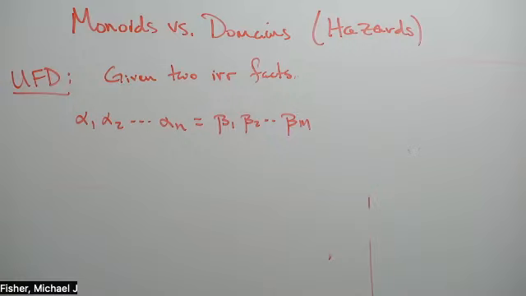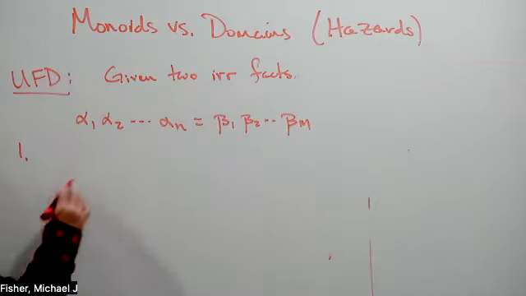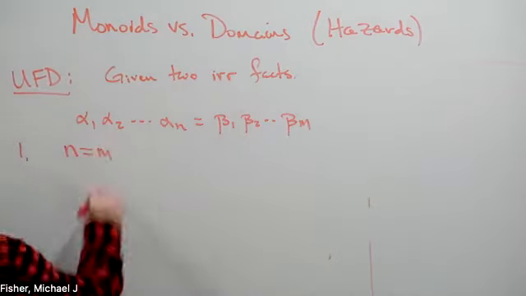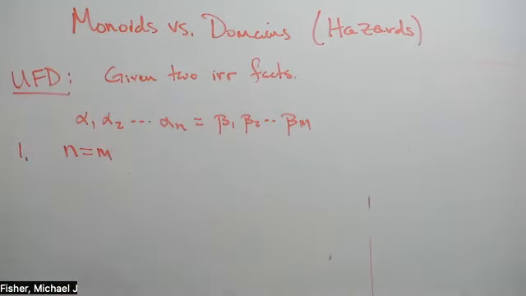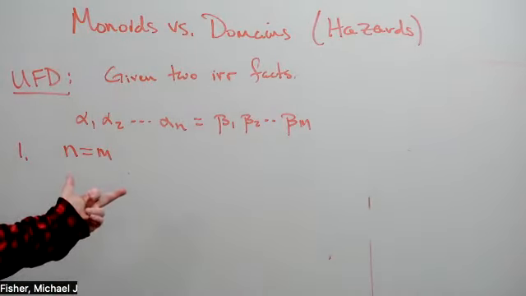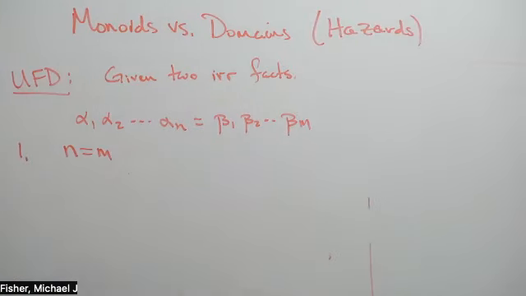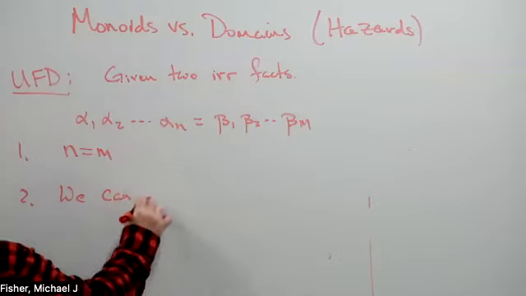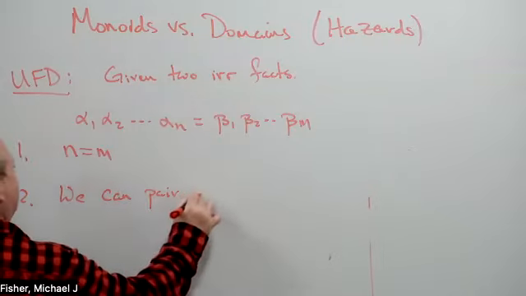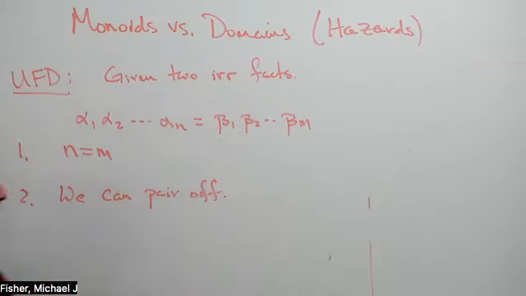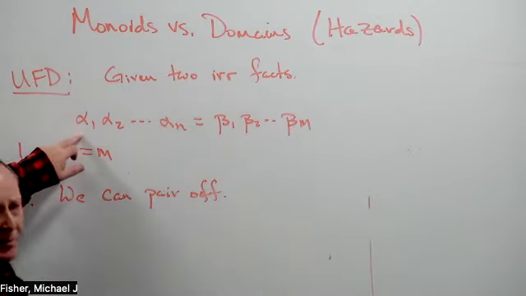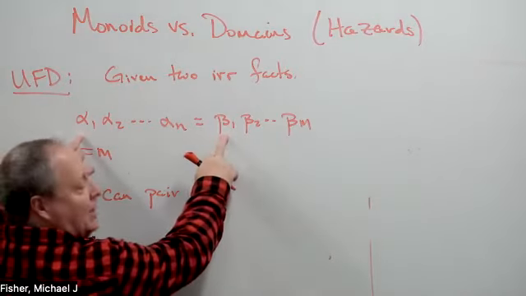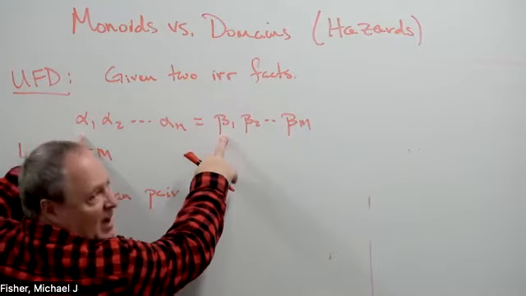If it's a UFD, you got two things going on. If this is going to be a unique factorization, those lengths better be the same, right? First and foremost. And two, we can pair off once the lengths are the same. So that is to say that after reordering, alpha 1 and beta 1 are essentially the same up to units.